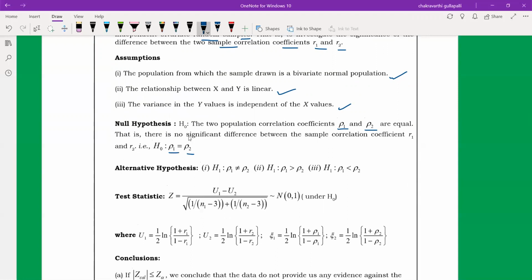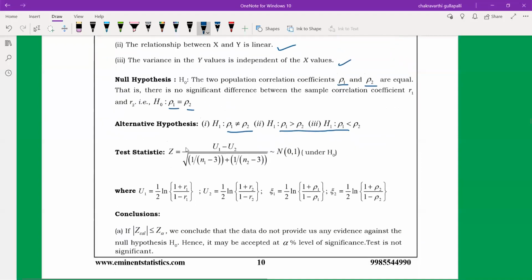There is no significant difference between the two sample correlation coefficients R1 and R2 or the two population correlation coefficients rho 1 and rho 2. We have to investigate whether the two population correlation coefficients are equal or not. Alternate hypothesis, two-tail or one-tail: rho 1 not equal to rho 2, rho 1 greater than rho 2, rho 1 less than rho 2.